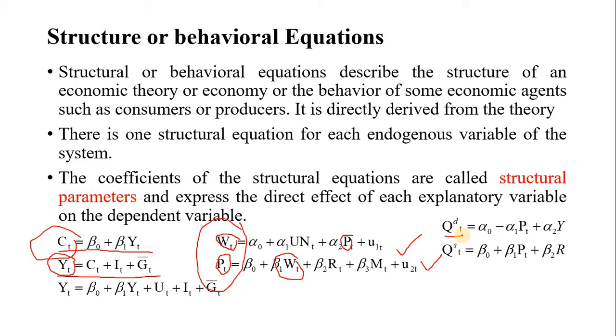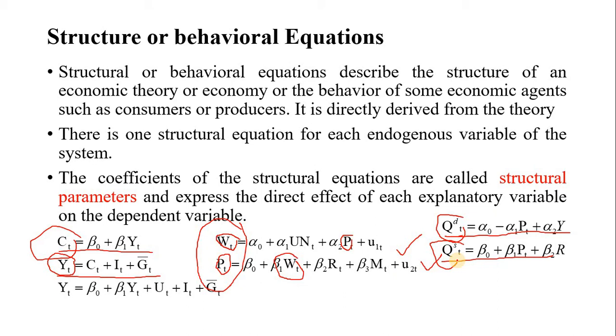Okay, so this equation describes the demand side of a market. Then this equation describes the supply side of the market. Okay, and we have an equation for the first model and the second model.